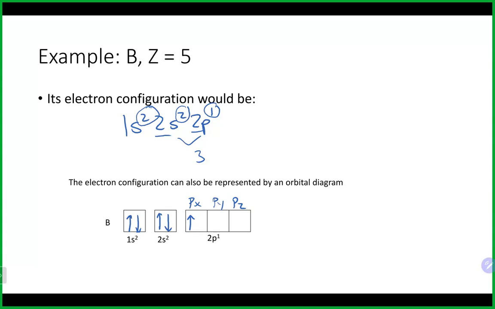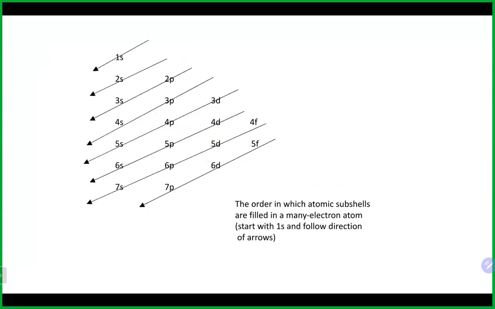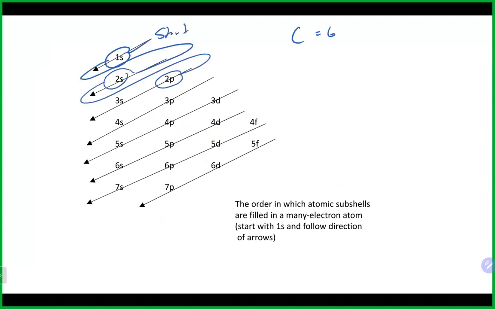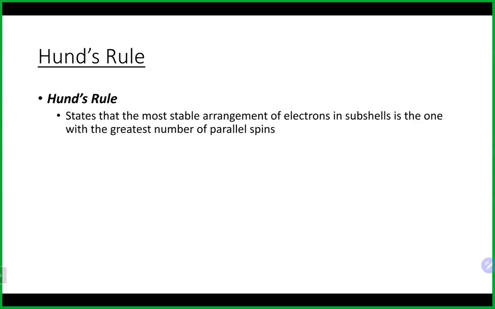So we'll go to carbon number 6, and carbon number 6 there would again start up here. That would put 2, 4, and obviously we have room in there to put our 6 in, and we would zigzag around like so. Now, there is a rule as to how an electron will go in.